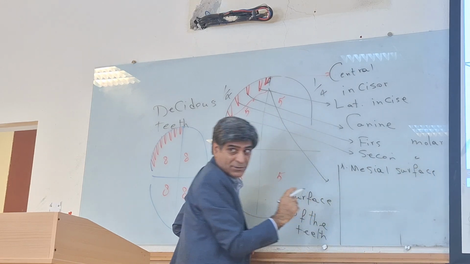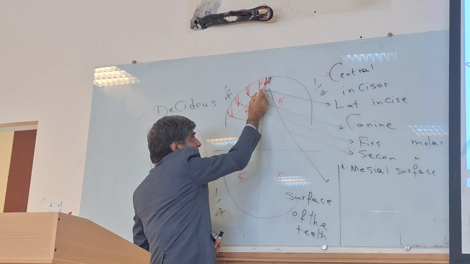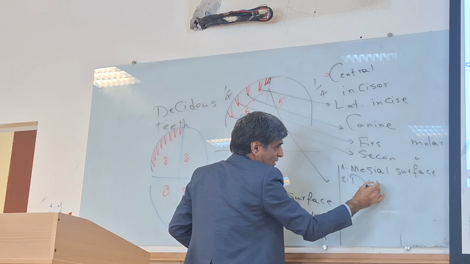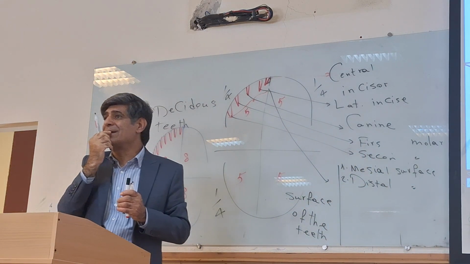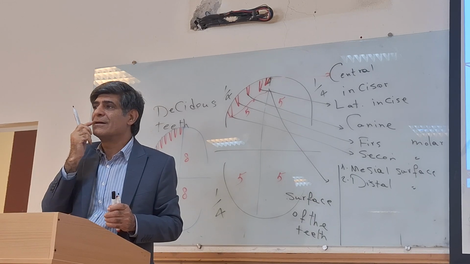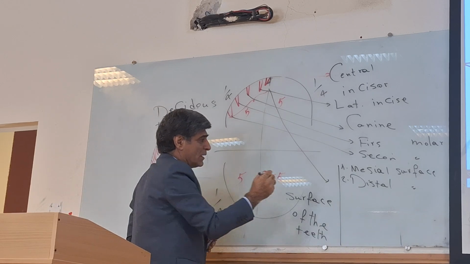Did you understand? And away from the midline is the distal surface. The surface toward the lips is labial, and toward the cheek is buccal.